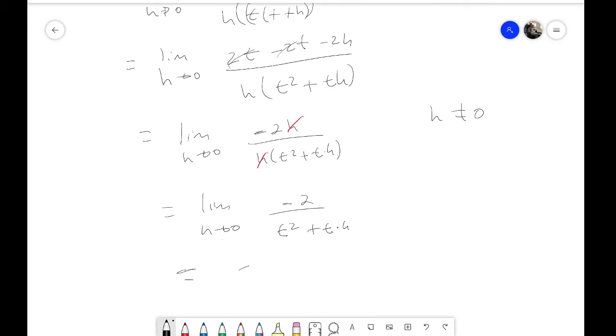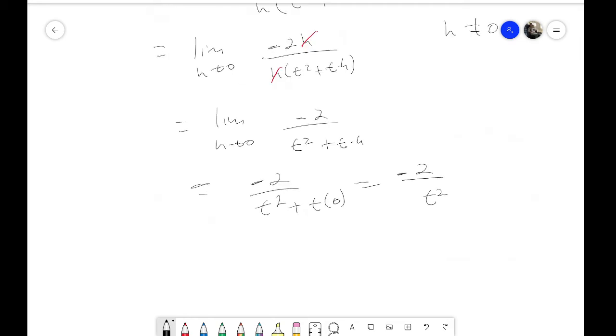So if we take the limit and plug in for h, this is t squared plus t times 0. What we have is that this is equal to minus 2 over t squared. So we have found the derivative of f. So f prime of t is equal to negative 2 over t squared.